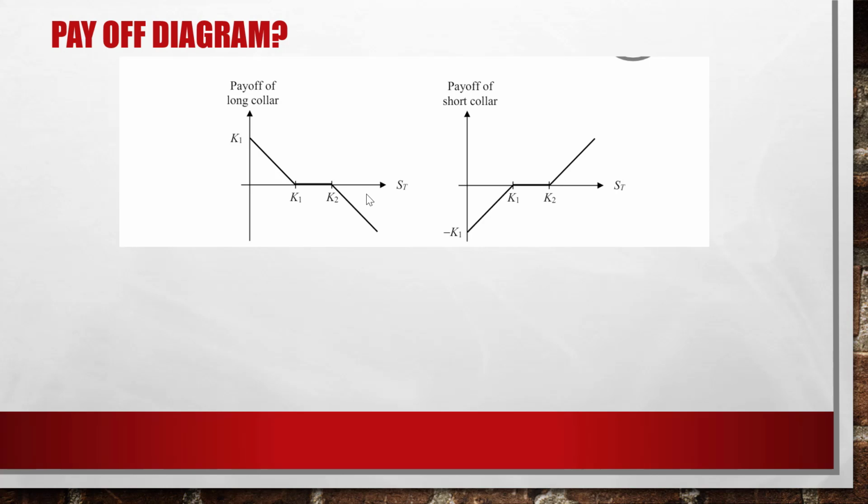And for the short collar, we do the opposite, right? When the stock price is less than K1, the payoff is minus K1. When the stock price is between K1 and K2, the payoff is 0. And when the stock price is greater than K2, the payoff is K2 minus K1. See that?